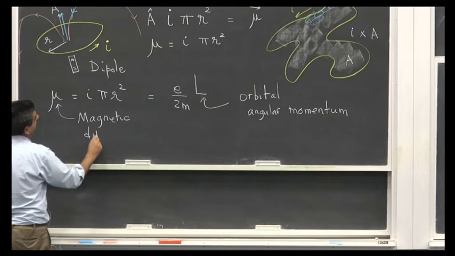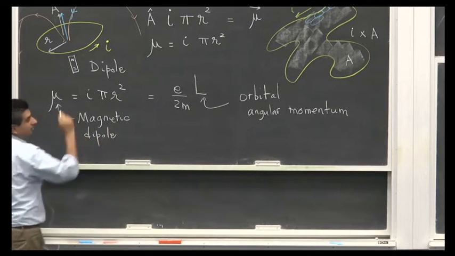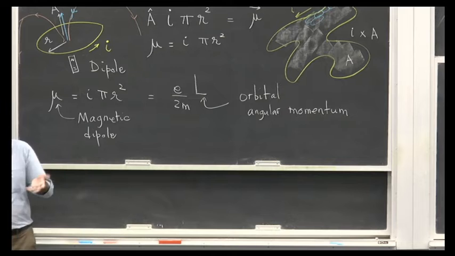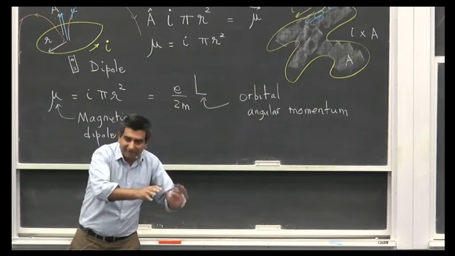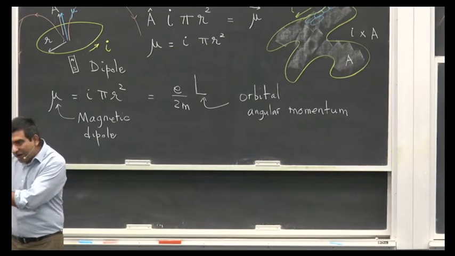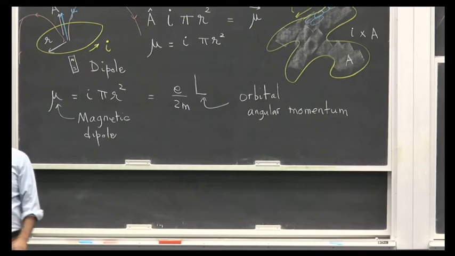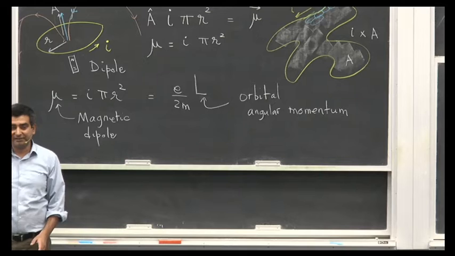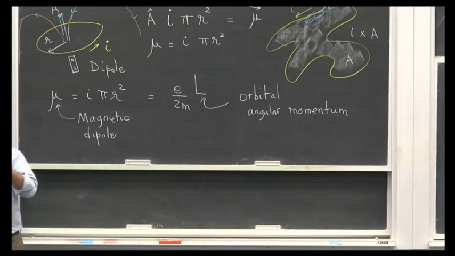And let me write down the word dipole. Okay? Agreed? Mechanical motion of a charged particle is making that charged particle act like a magnet. And a magnet can be deflected by magnetic fields. This is the Stern-Gerlach experiment.